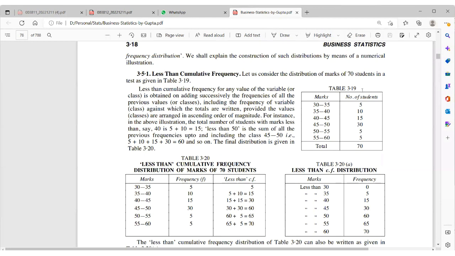We have to find the less than cumulative. Less than, that means how many students got less than 30? Zero students. Very good.